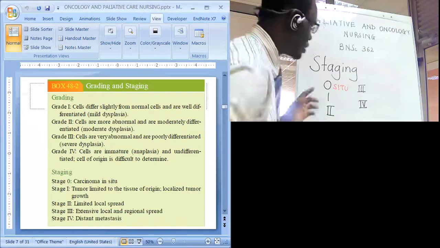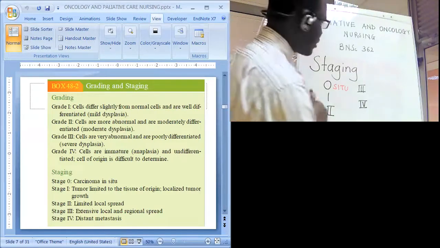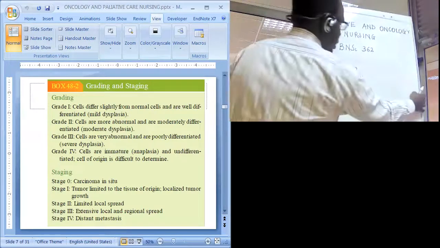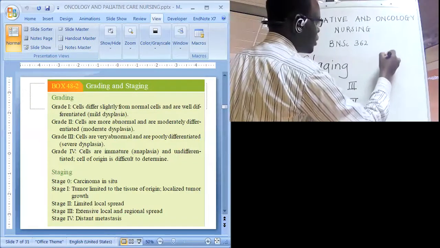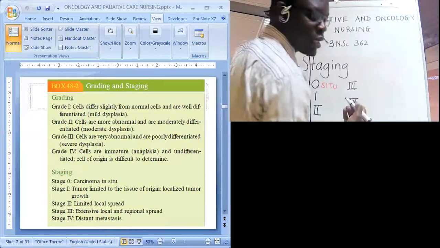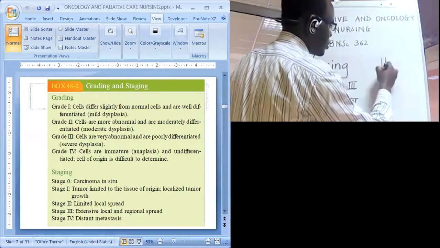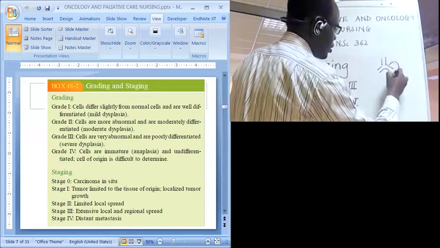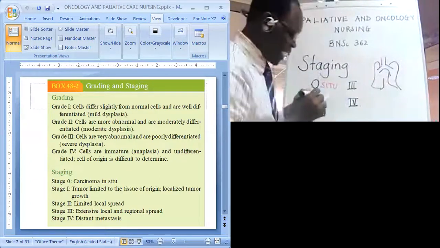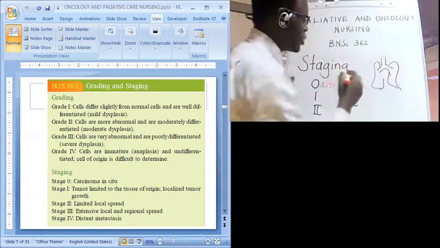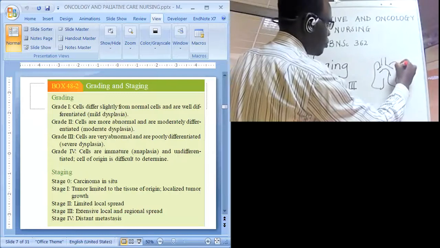Now this is what we mean. If I might show you here, we might have a tumor. Let me just draw an example of the lungs. If these are our lungs, we might have a tumor developing here within the lungs.